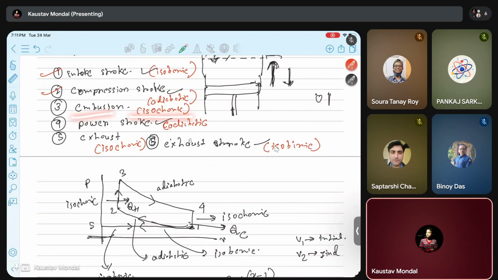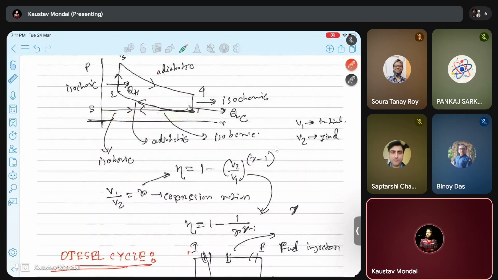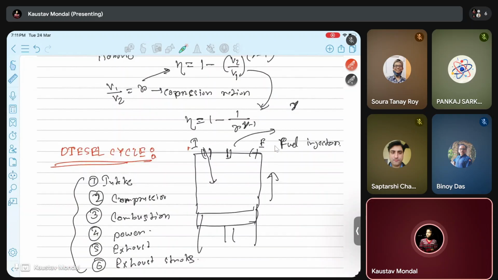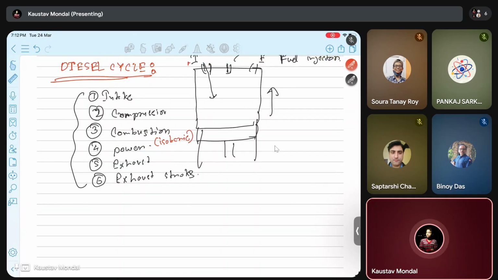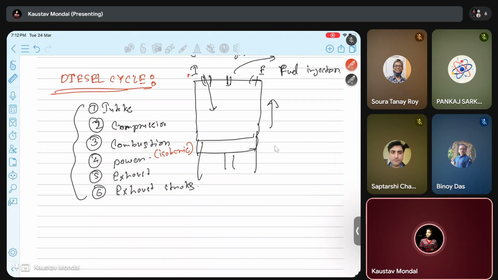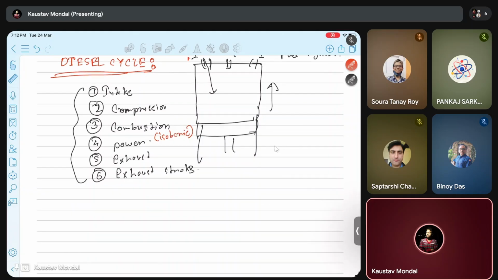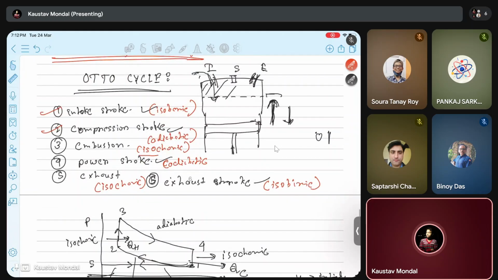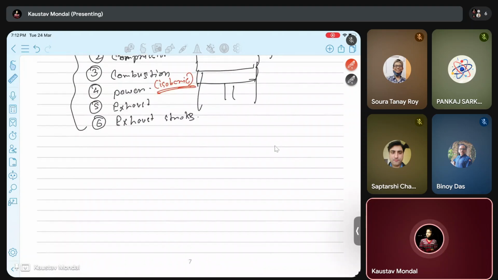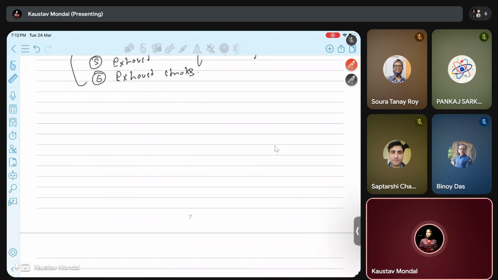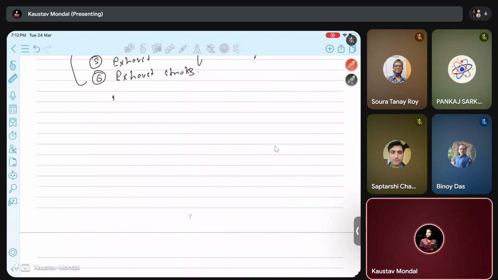But for the diesel cycle, this combustion process is basically an isobaric process. This is the basic difference between a diesel cycle and an Otto cycle. For the Otto cycle it was isochoric, for the diesel cycle it is isobaric, and because of that, its PV diagram will look like this.